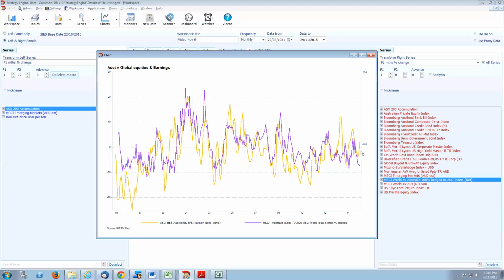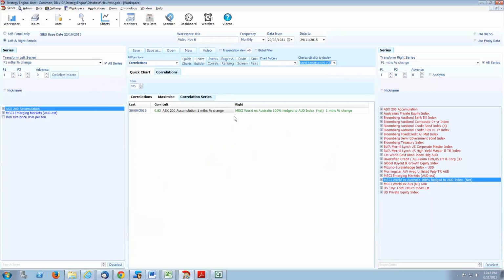So clearly the earnings revision cycle by and large has been a negative for the Australian equity market relative to global markets. More recently you've seen it tick up a little bit, but it's still not consistent with a strong outperformance of the local market.